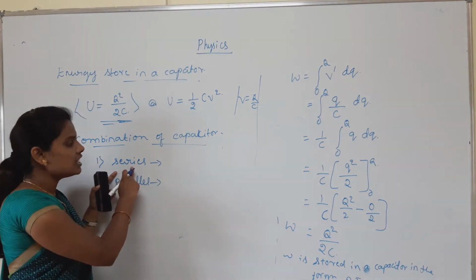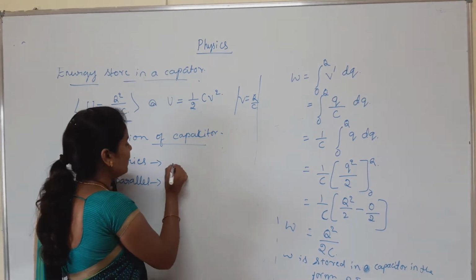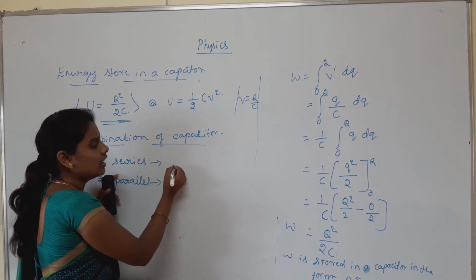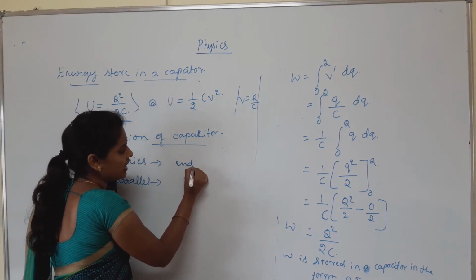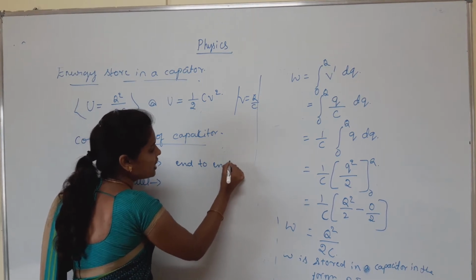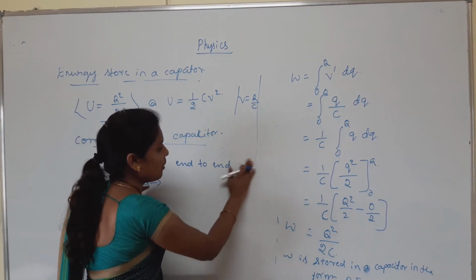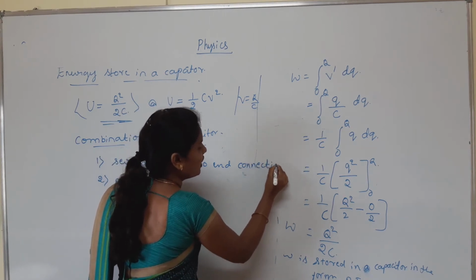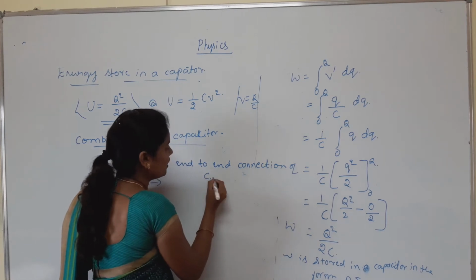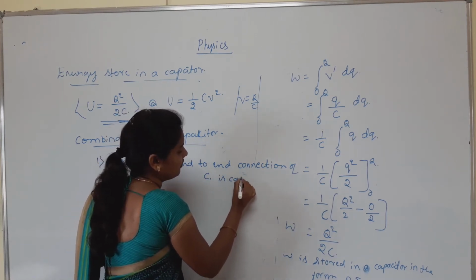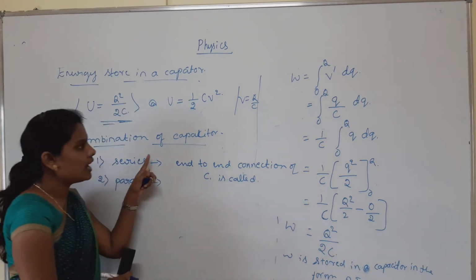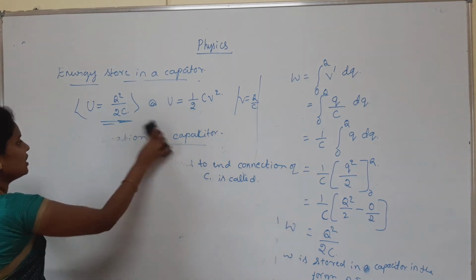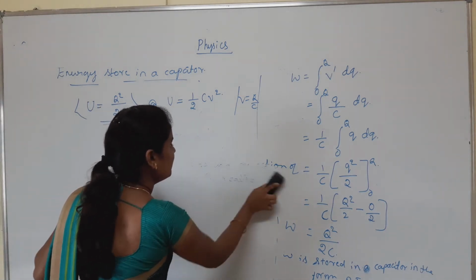The combination is said to be series when the capacitors are connected end to end. This end-to-end connection of capacitors is called a series combination of capacitors. So let us move on to the derivation of the series combination of capacitors.